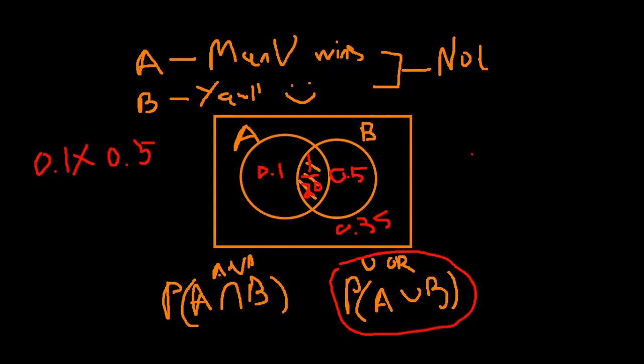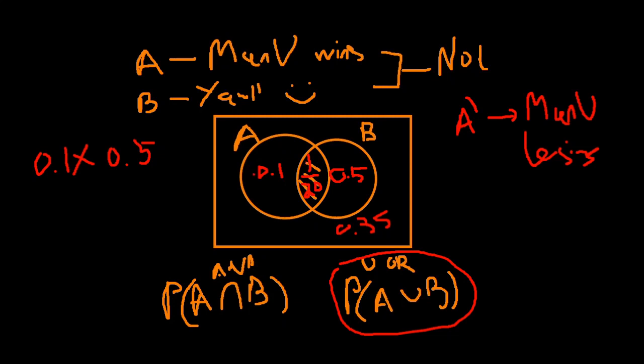Because A complement, from set notation, is Man U losing. So you have to look outside of the A Venn diagram, right? There are two ways you can work it out.